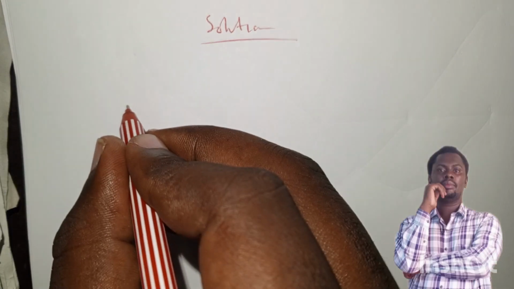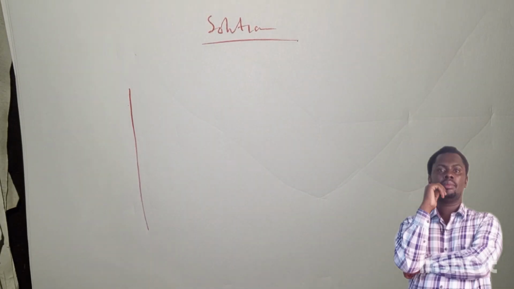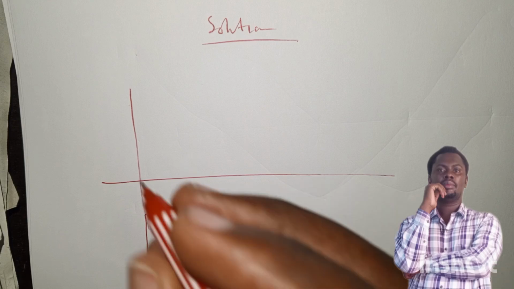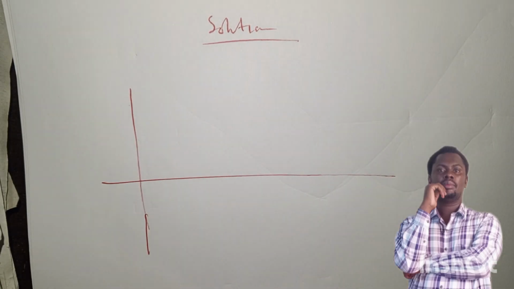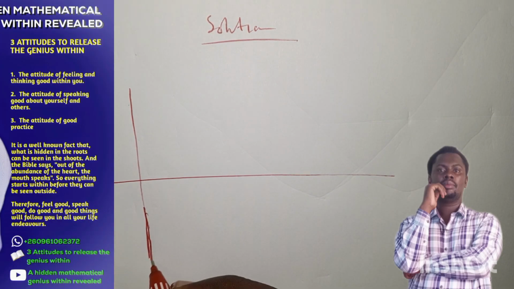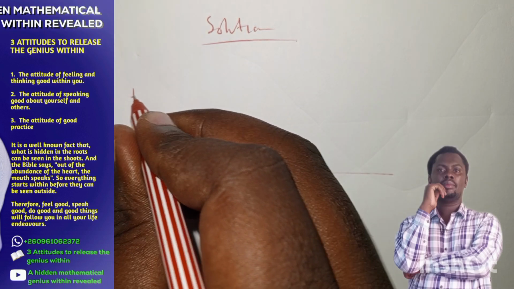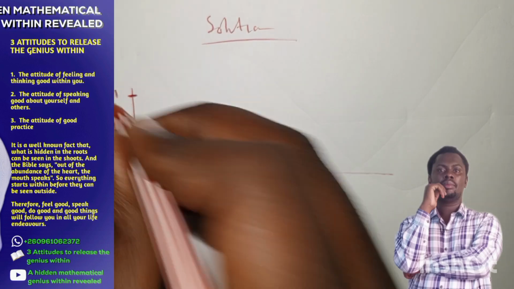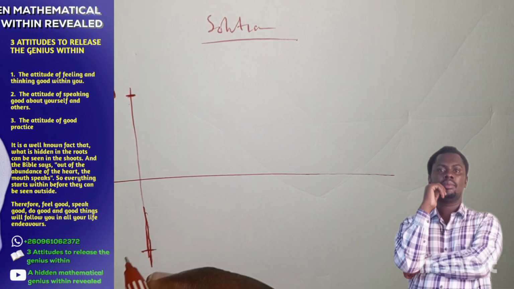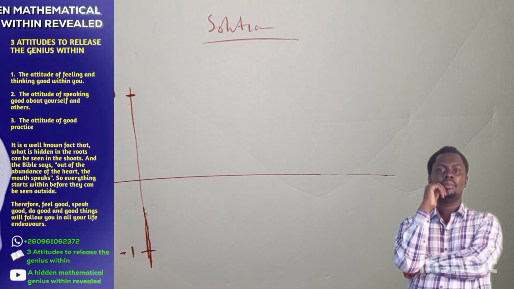Okay, so we're supposed to have our x-axis and our y-axis. What we should know is that the maximum value for the sine function and cos function is always 1. So the maximum for cos and sine is always 1, and the minimum value is always minus 1.